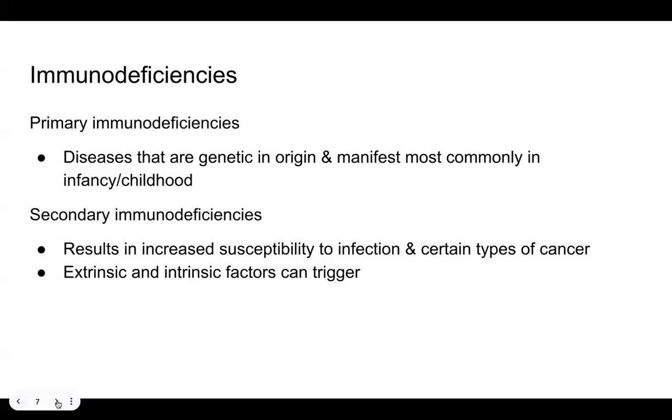And when I say usually, that doesn't mean every person, every person is different, but the majority. Secondary immunodeficiencies result in increased susceptibility to infection and certain types of cancer. There can be both extrinsic and intrinsic factors that can trigger this.